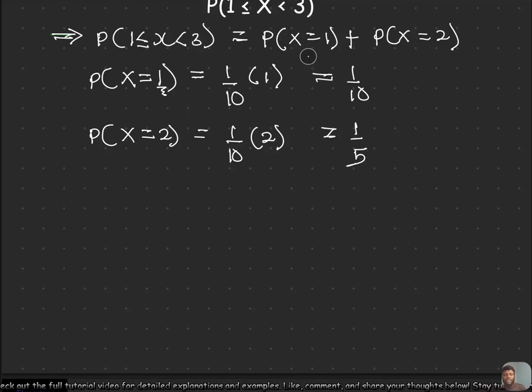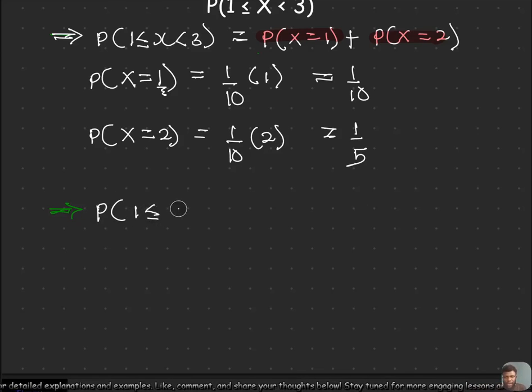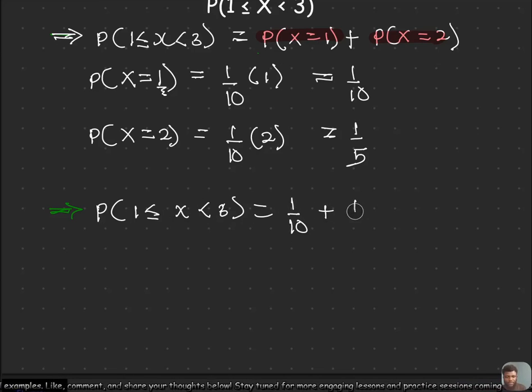So now that we have the probability of these two, that is this and then this, we now do our substitution and then solve. So it implies that what we are looking for, the probability of our random variable taking the values of greater than or equal to 1 and then less than 3, we are going to get from what we have written here, 1/10 plus 1/5.